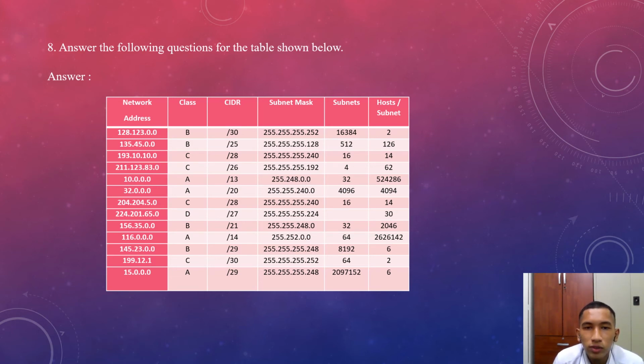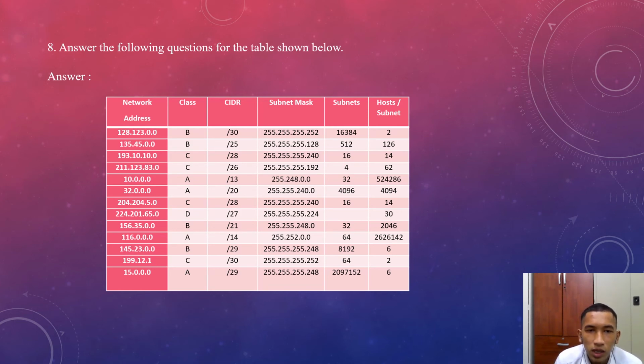Question number 7 is class C, CIDR is /28, subnet mask 255.255.255.240, subnet is 16, and host per subnet is 14. Question number 8 is class B, CIDR /27, subnet mask 255.255.255.224, and host per subnet is 30.